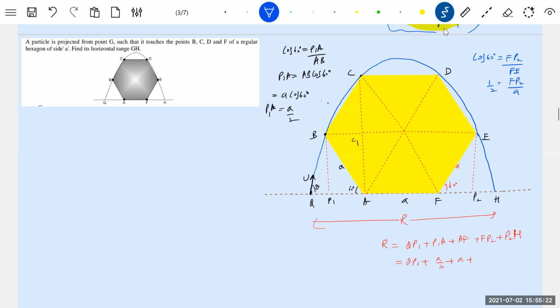FE is A. So FP2 is A by 2. QP1 plus A by 2 plus A plus A by 2, this will be 2A. Somehow QP1, P2H, if I find out, my problem is over, that's all. We have made the problem very simple now. QP1 and P2H. I think in fact QP1 equal to P2H by symmetry.